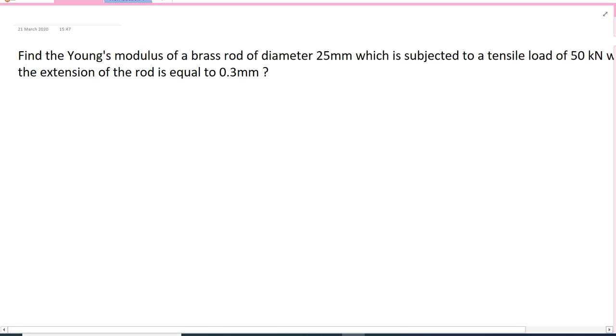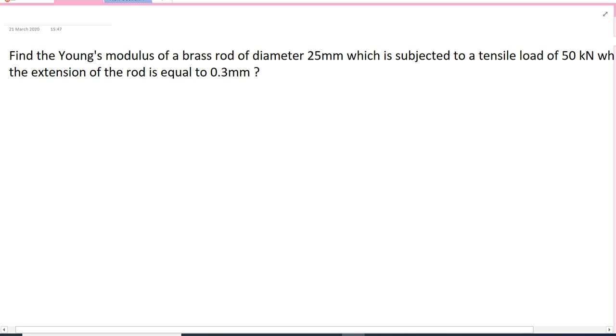It says find the Young's modulus of a brass rod of diameter 25 mm. They have given a brass rod of 25 mm diameter, which is subjected to a tensile load of 50 kilonewton.